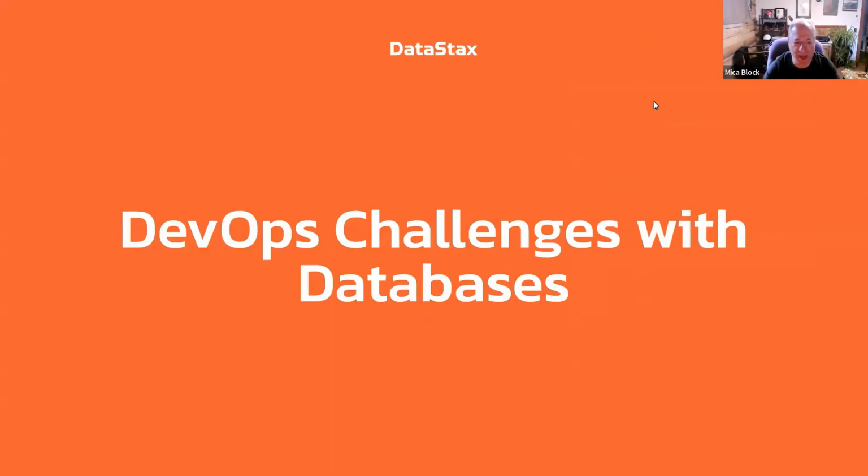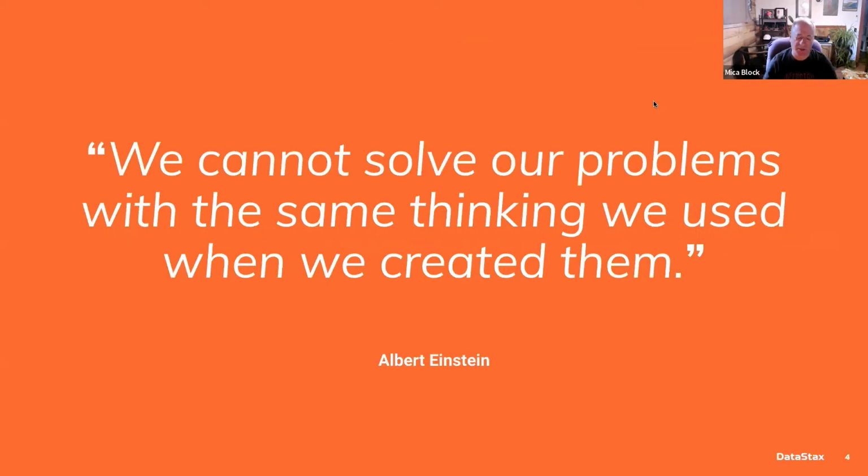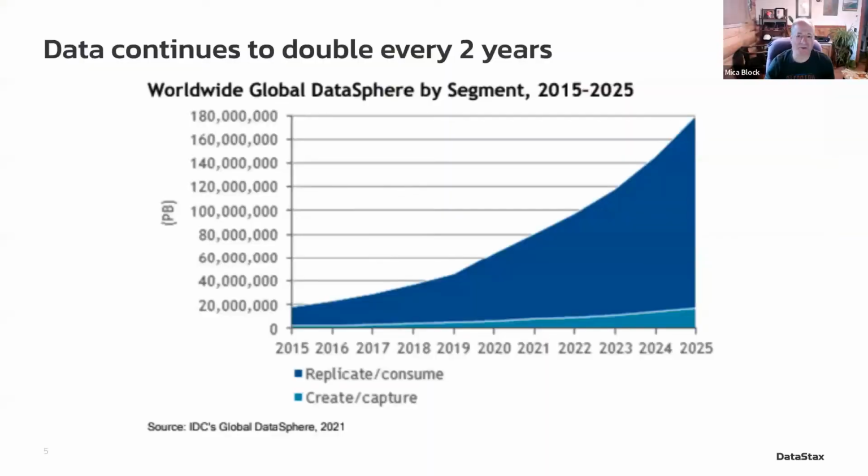So the first part is, what are the challenges that DevOps faces in regards to databases? This is one of my favorite quotes: "We cannot solve our problems with the same thinking we used when we created them." This is from Albert Einstein. And how that relates to databases, as we all know, data continues to double every 2 years.